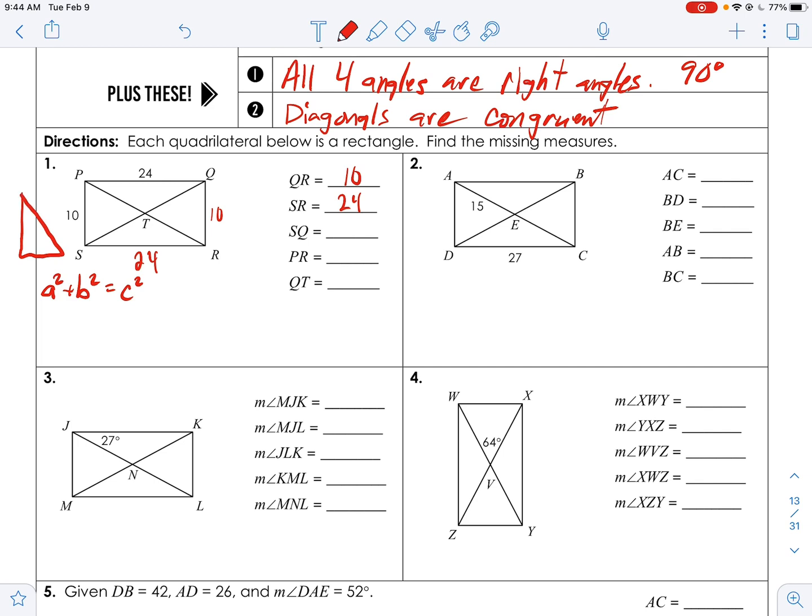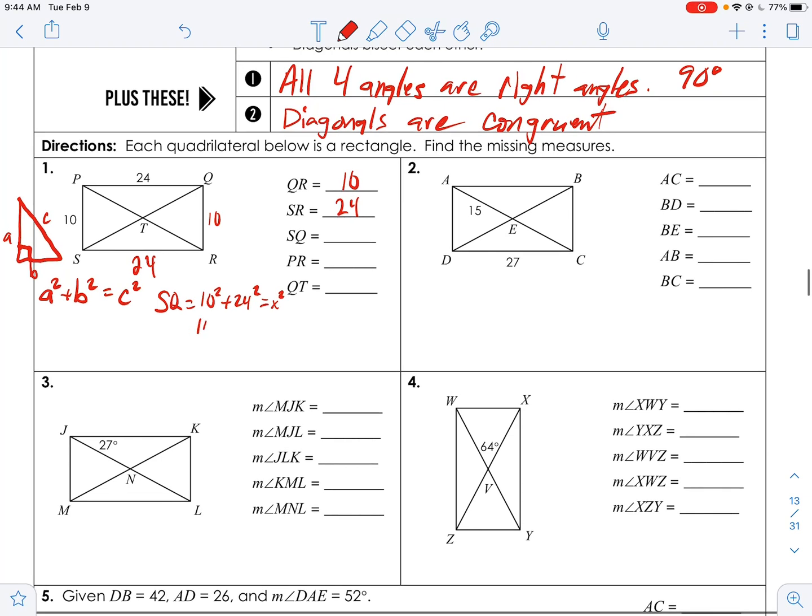So if you have a right triangle, side A, side B, and side C, the square of A and the square of B added together should equal the square of C. So SQ is going to equal 10 squared plus 24 squared, equals x squared.